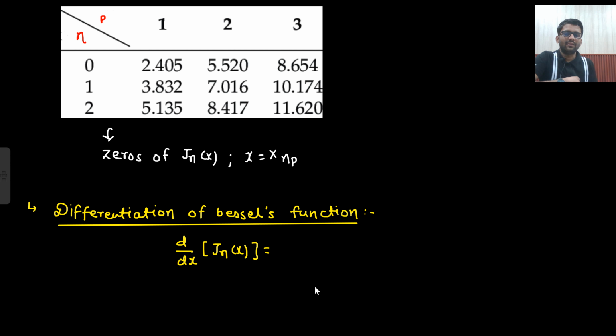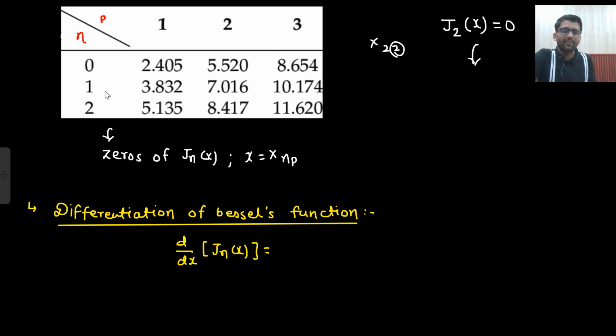Now this is the table. From here you can get any values. If I ask you what is the value of x_22, what do you understand? At what value of x for n equals 2 is J2(x) becoming 0 for the second time?